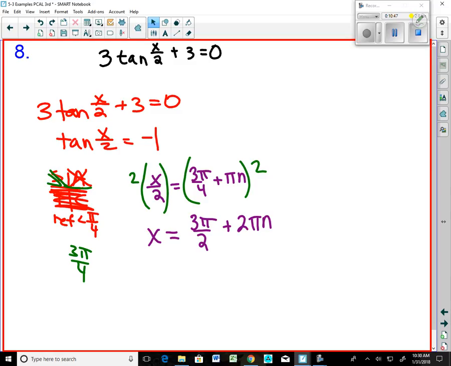Then the other way to handle this is using inverse functions. We didn't do it this way, but we could use an inverse function here and find that.